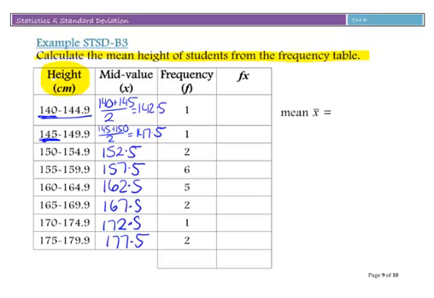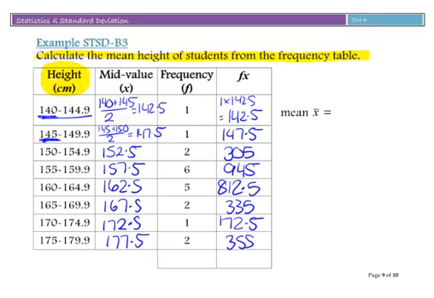Now we already have our frequencies here, so what we need to do now is multiply our mid value x by our frequency. So this would be 1 times 142.5, which is 142.5. This would be 1 times 147.5, which is 147.5. Then we have 2 times 152.5, which gives me 305. So we keep going down multiplying f by x. So you can see that I've gone through and filled those in.